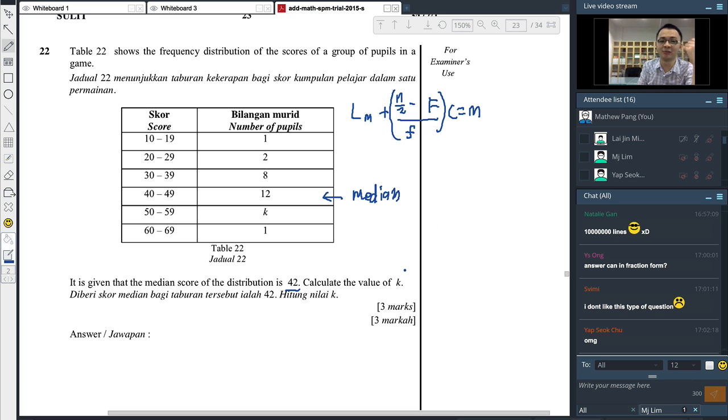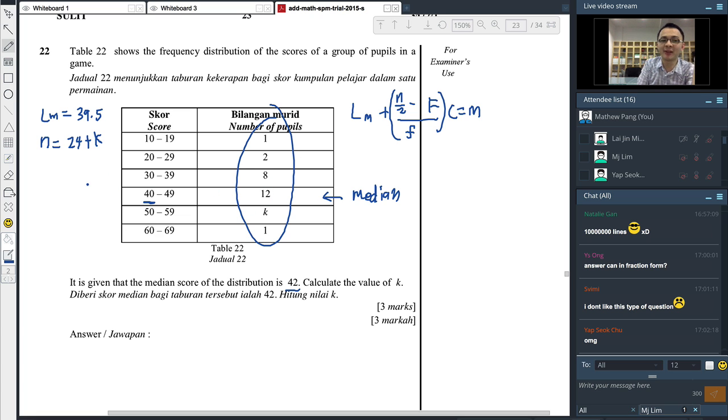So the lower boundary for this class will be 39.5. Use 40 plus 39 divided by 2, so it will be 39.5. And over here is n over 2, just add all the frequencies, so it will be 24 plus k.